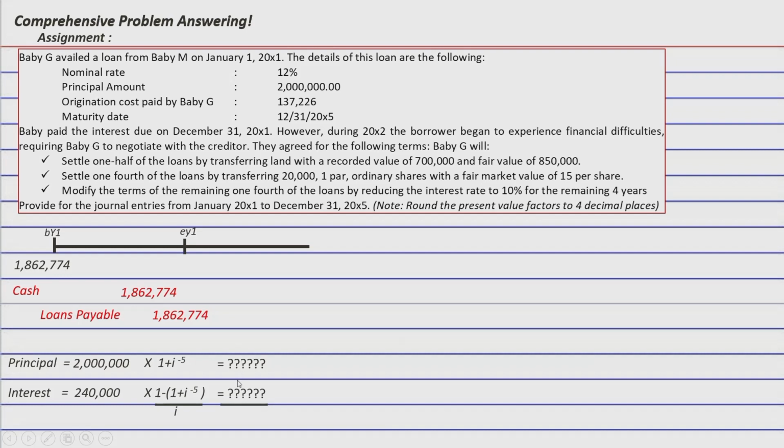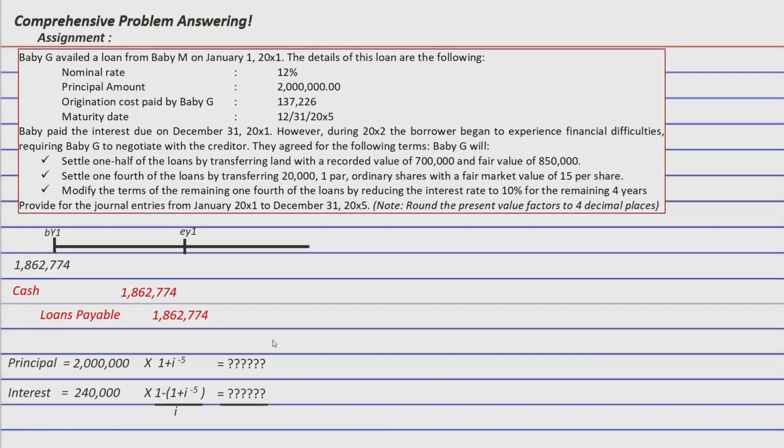Now, these question marks, representing the present value of the principal and interest, should sum up to 1,862,774. To get the effective rate, you need to undergo trial and error, and we need to try higher rates than 12% because the proceeds is lesser than the agreed principal. I hope you still remember the past episodes. And after that, you will have to interpolate.